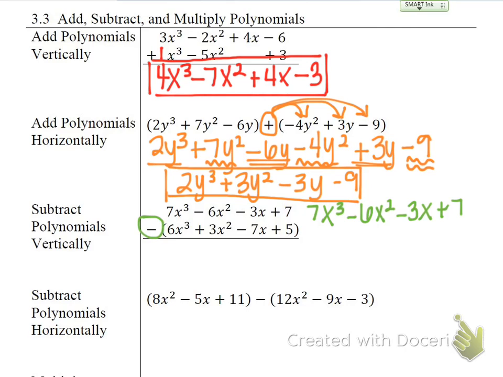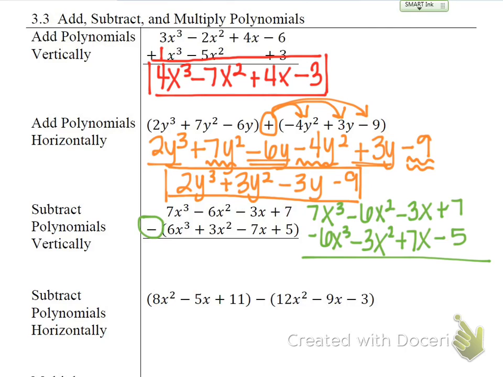Now when I subtract 6x to the third, that's going to be negative 6x to the third. If I subtract 3x squared, that's minus 3x squared. If I'm subtracting a negative 7x, that changes it to plus 7x. And then minus 5, because that 5 was positive. And then let's draw the line underneath. Okay, so now let's subtract or add straight down.